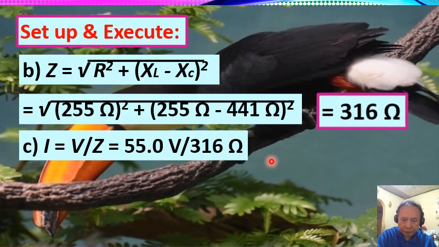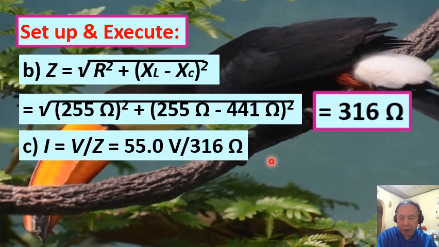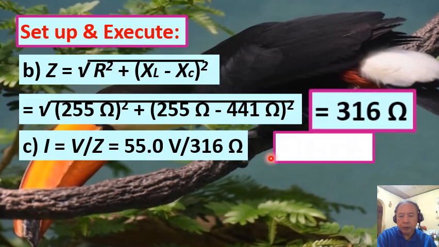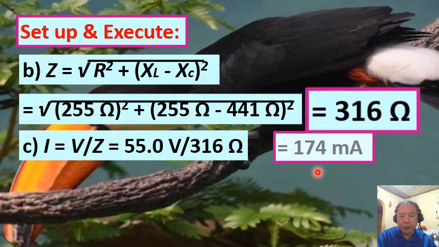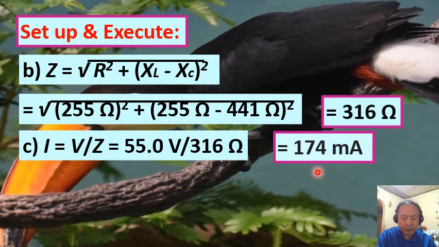And we will get the current amplitude, capital I, equal to 174 milliamperes.